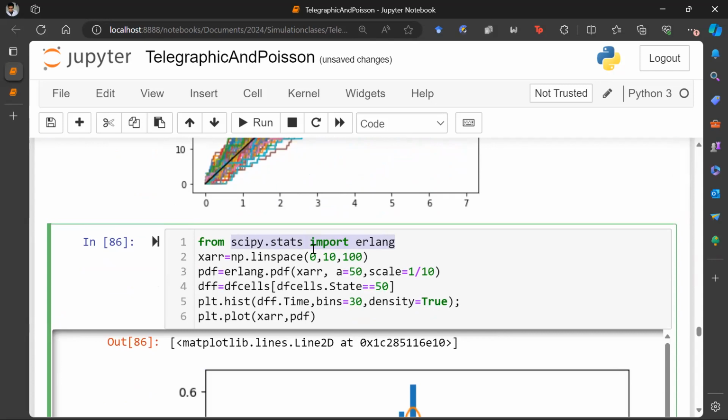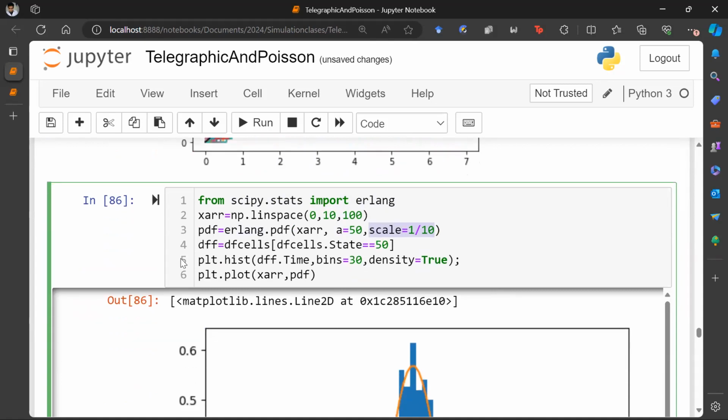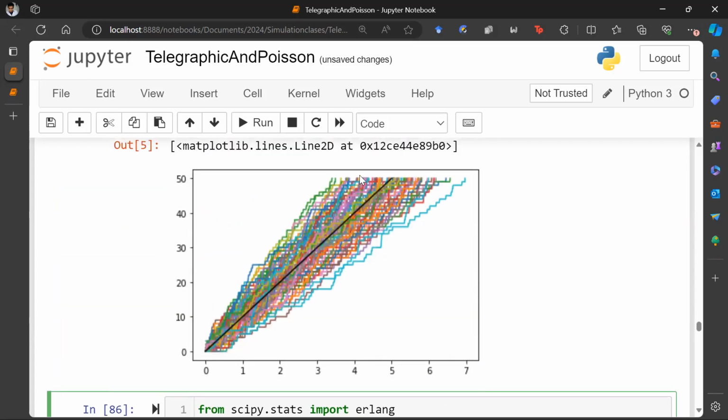So here I use stats for importing delta, and I plot the PDF of the Erlang distribution with mean 50, and you can check that it has the properties you need to obtain from the theory. And I compare this with the histogram of the first passage times.